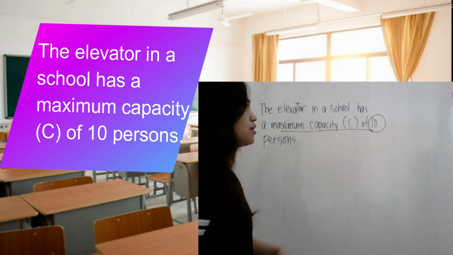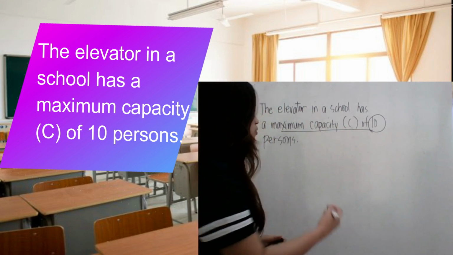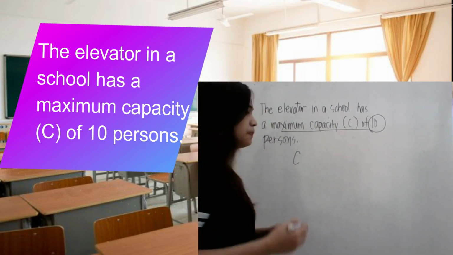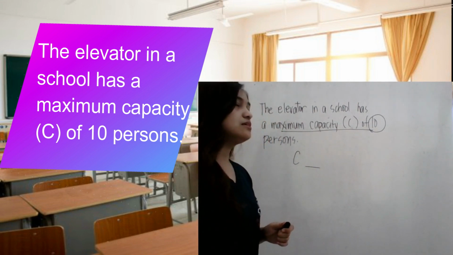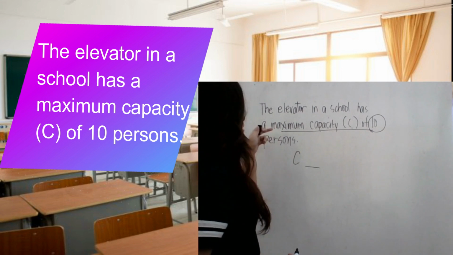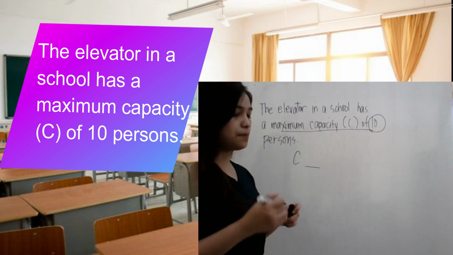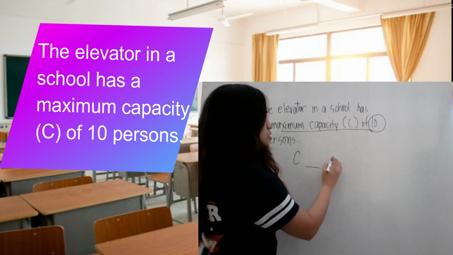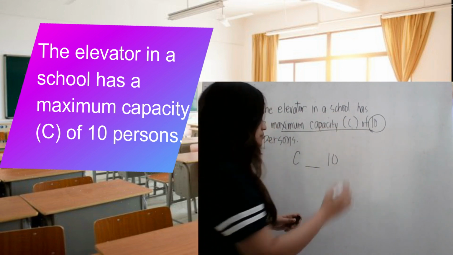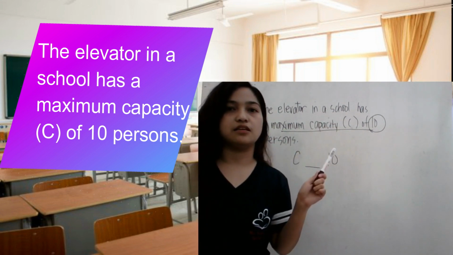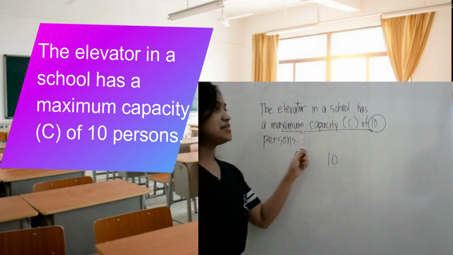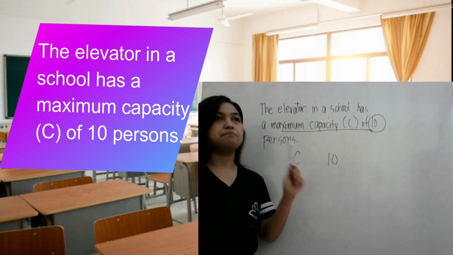So, we need to write the variable C. And then, ano yung gagamitin nating inequality na ipapalit natin kay maximum capacity? So, isulat muna natin si 10. Again, kapag maximum capacity, ibig sabihin pinaka-limit niya.